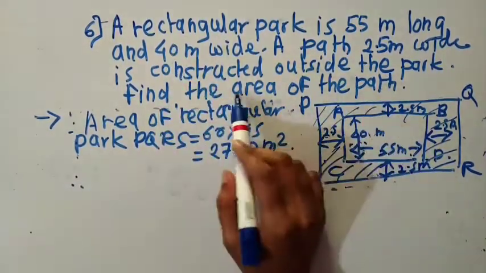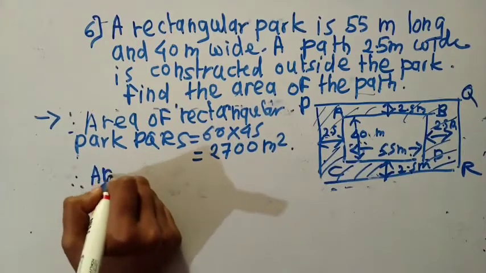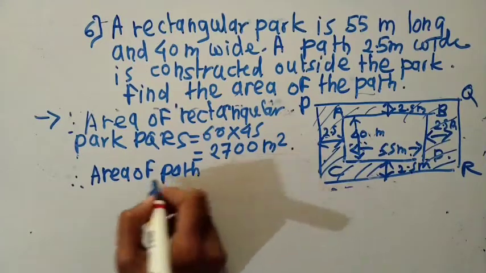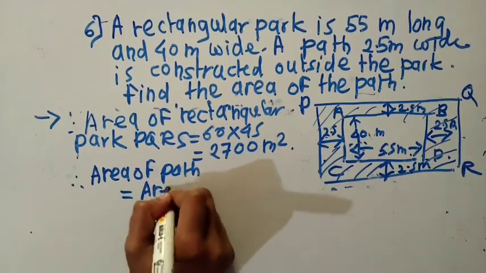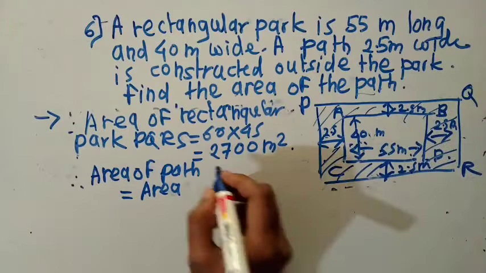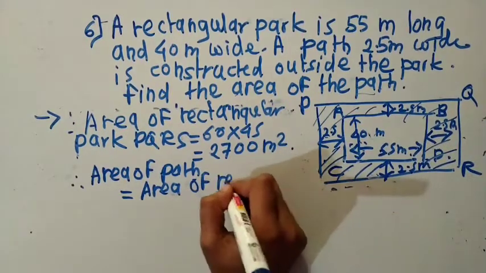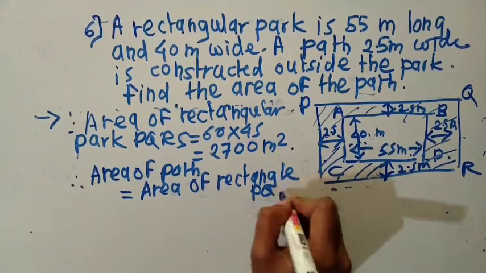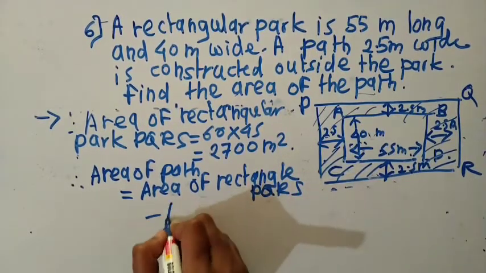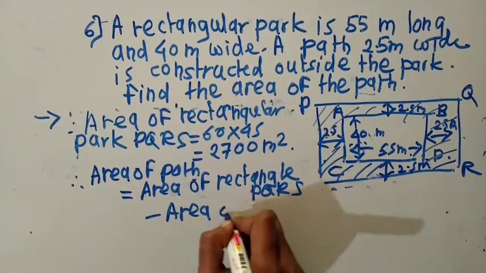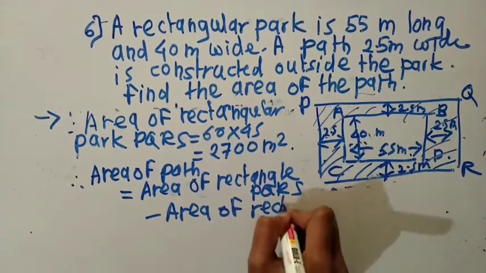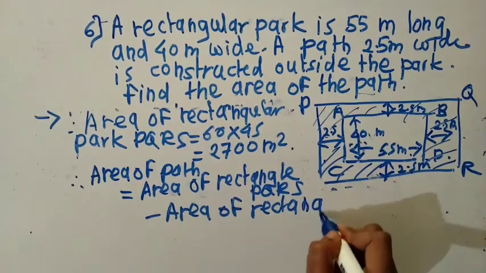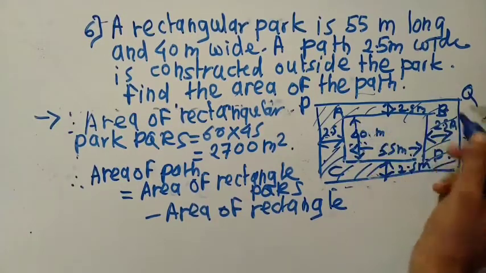Hence now find out area of path. Area of path is equal to area of rectangle PQRS minus area of rectangle ABCD.